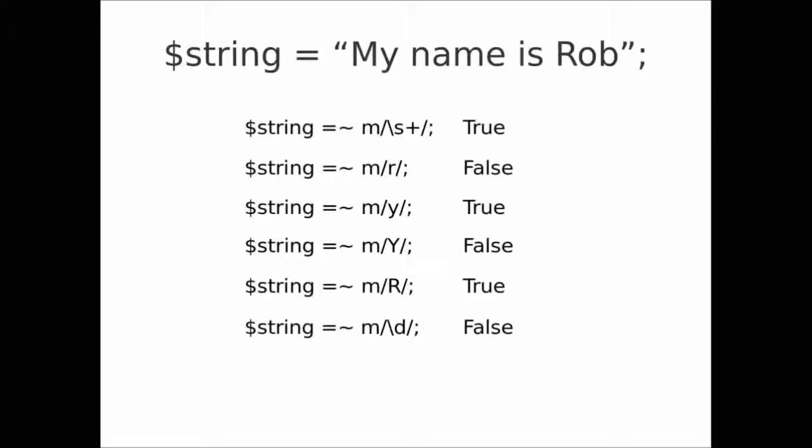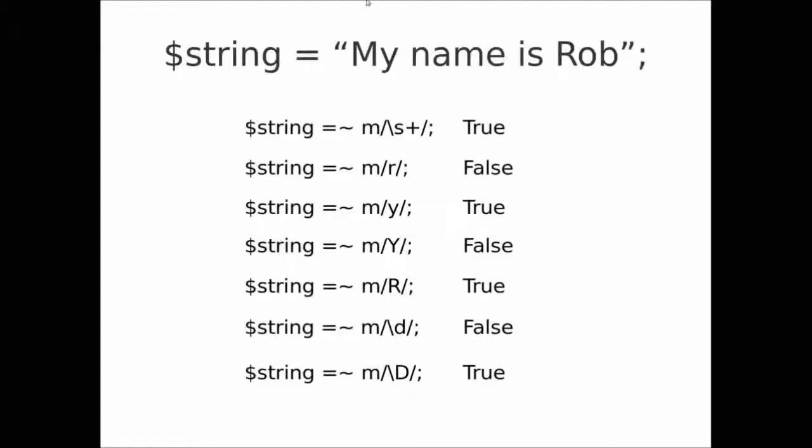And then, lastly, does it contain a \D? Remember what that means? That means not a number. Does this string contain some character that's not a number? That's true. Which character would that map against? I'm not going to tell you. You guys can figure that out for yourself.